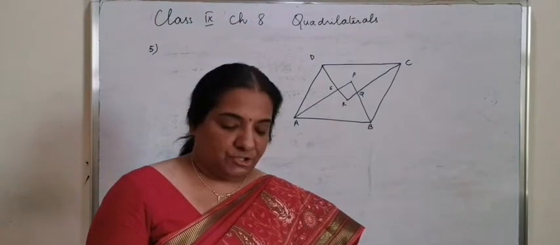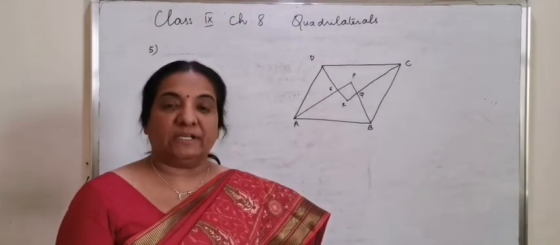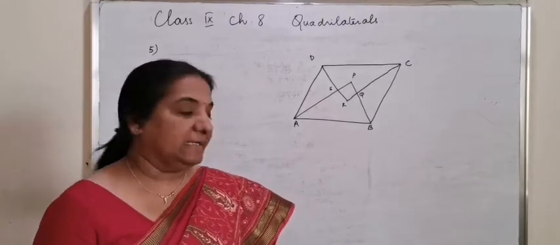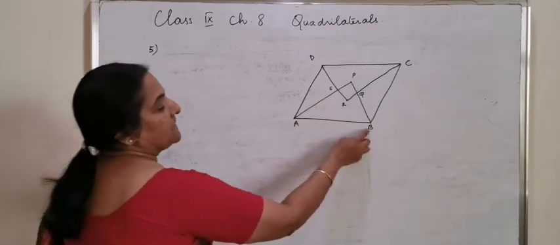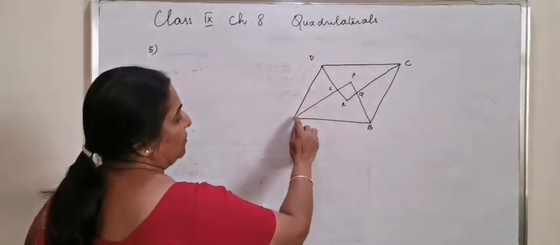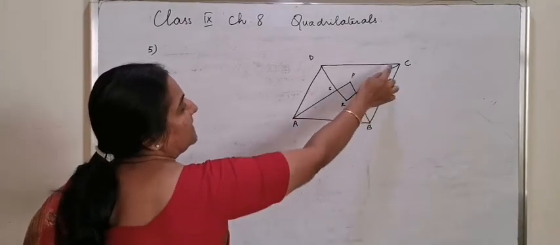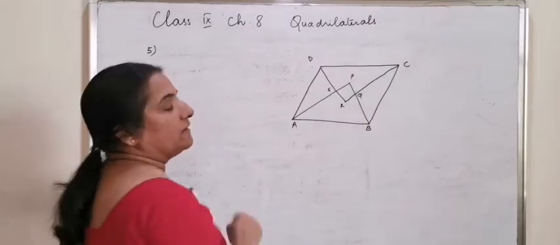Example 5. Show that the bisectors of the angles of a parallelogram form a rectangle. So, if you look into the figure, ABCD is a parallelogram. The bisectors of angle A, angle B, angle C and angle D form a rectangle.